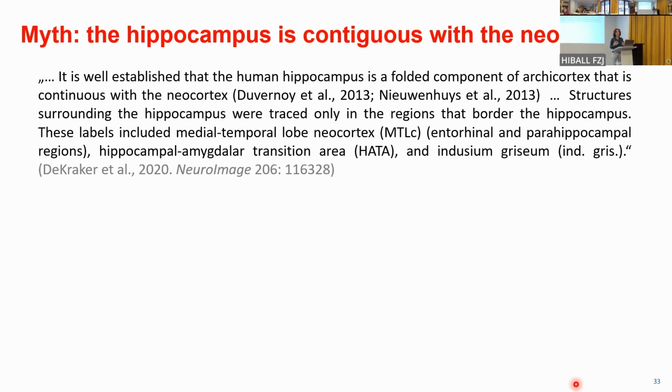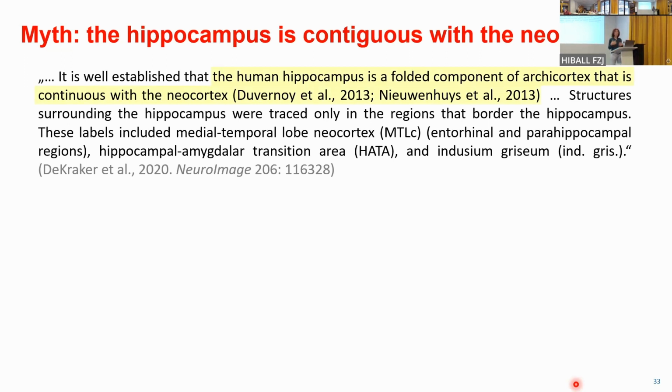But this here is comparable in magnitude to the description that the hippocampus is a subcortical structure. So the authors write that the hippocampus is a folded component of archicortex that is continuous with the neocortex. And again, they use the Duvernoy and they use the Nieuwenhuys to underpin this statement.